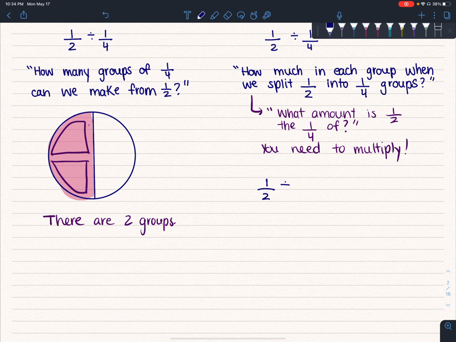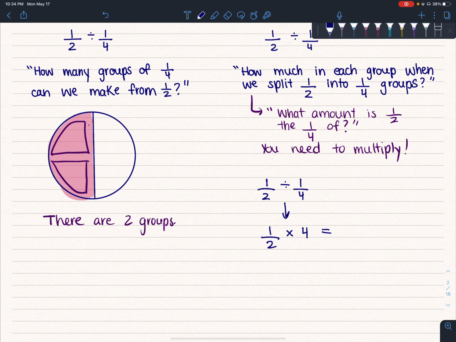A half divided by a quarter is the exact same statement as a half times 4. For this reason, I'm asking what value was cut up into 4 pieces to give me a half. Well, if I go backwards, I will get that answer.